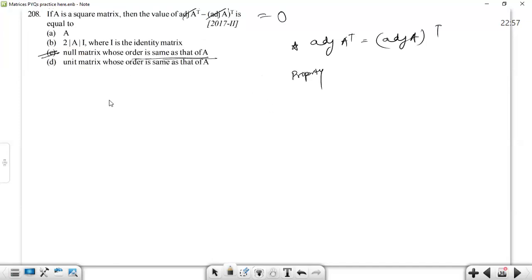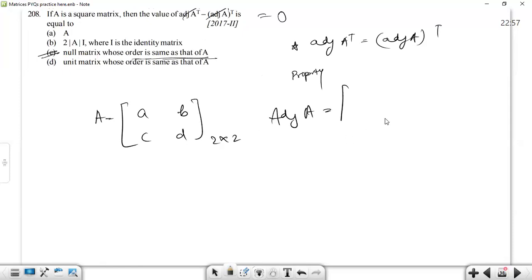And if there is a matrix, let's say a, b, c, d of 2 by 2 order, how will you find out its adjoint? We'll simply exchange the principal diagonal elements and change the sign of the others. As easy as that. So if you forget any property, simply consider a matrix, and this is the matrix.